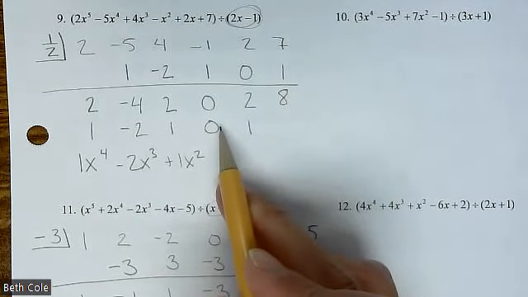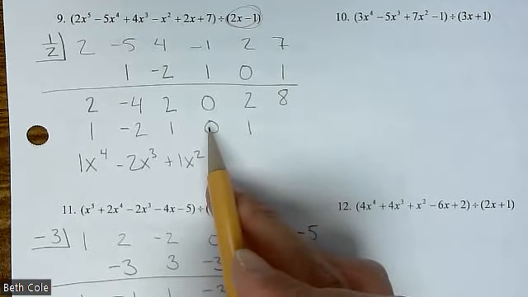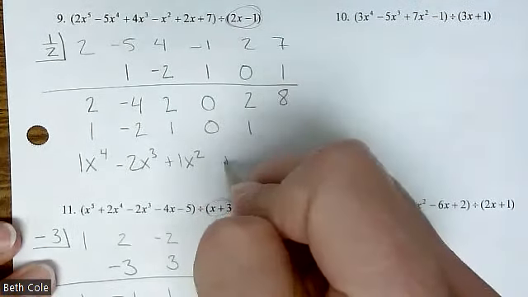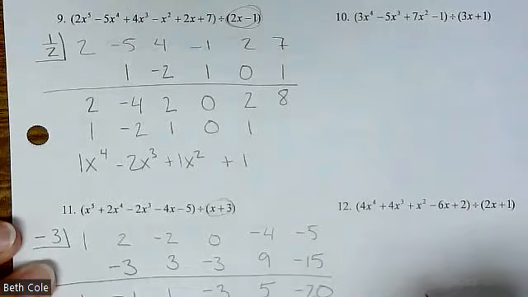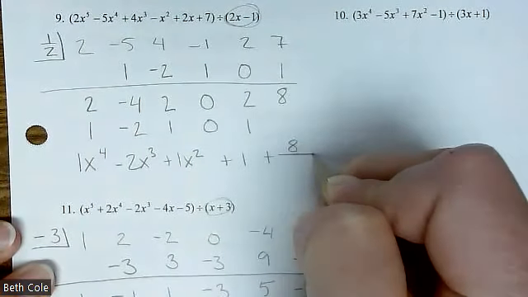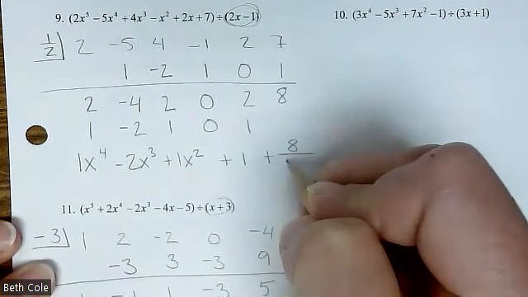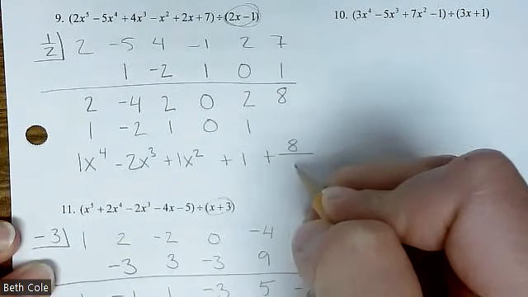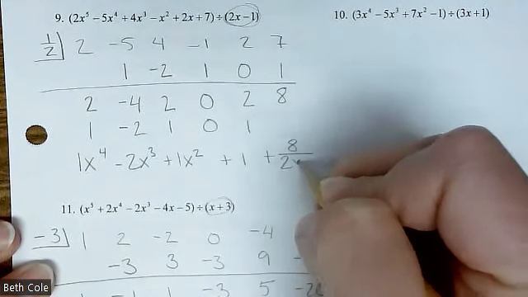So you can write plus 0x, but I'd be happier if you just don't put any x's, just skip that. Plus 1 and then plus 8 over 2x minus 1.